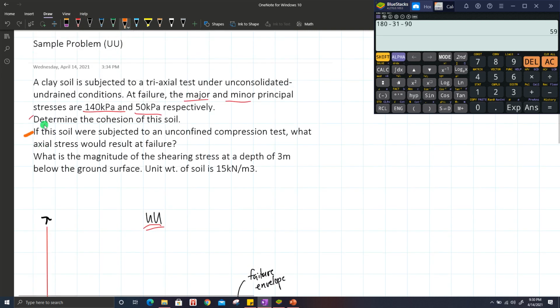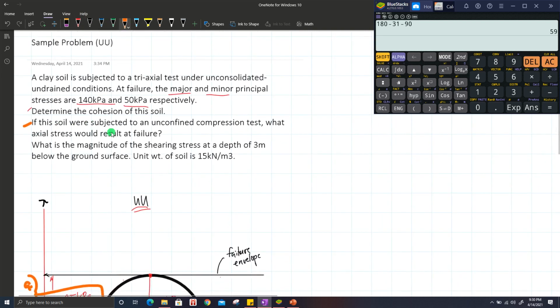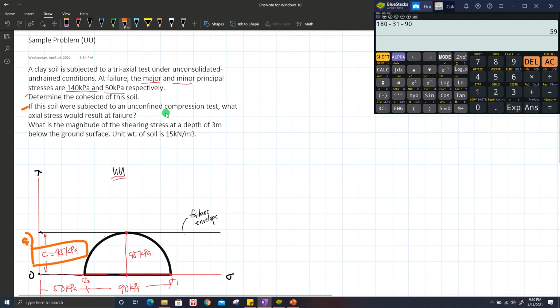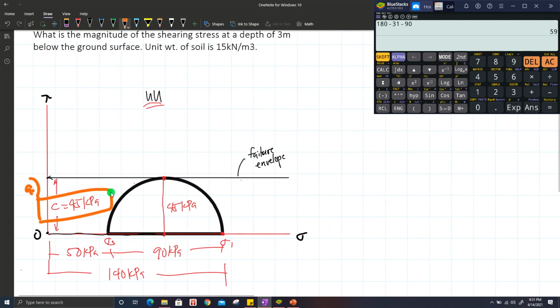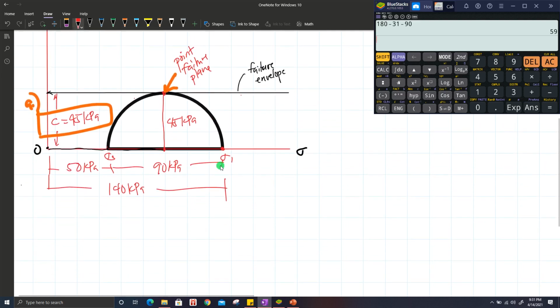Second question, if the soil were subjected to an unconfined compression test, what axial stress would result at failure? So, point of failure natin yung tinatanong, dito. That's the point of failure plane. So, hahanapin daw yung ating axial stress dun sa point na yun. Ito lang naman yan, yung horizontal distance from the origin punta dun sa point na yun.